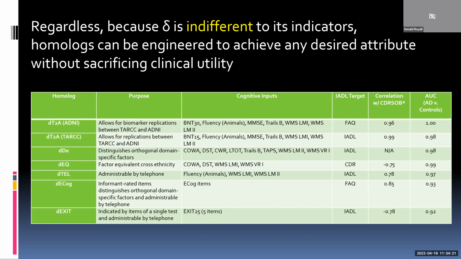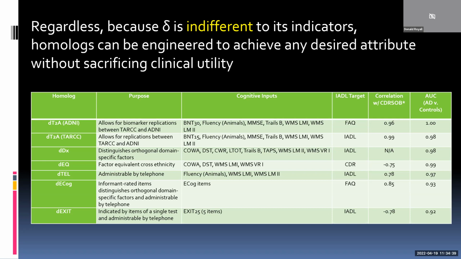It's actually G. And if you took G out, then you would be able, for the first time, to look at truly domain-specific factors. And what I think you would find is they're weakly associated with IDL, if at all. So I use the DDX homolog to make that point.